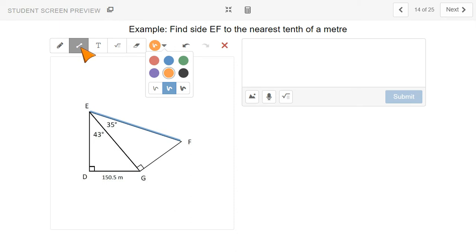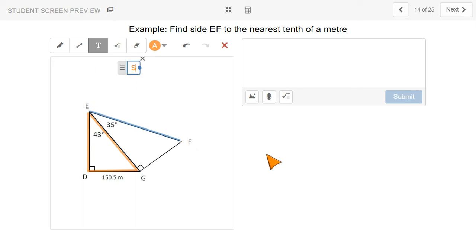Now, if we look at the first triangle, though, we do have two pieces of information. We have one angle, one side. I'm going to use that to help us find EG. And then after I find EG, I'm going to be able to use that to find EF.